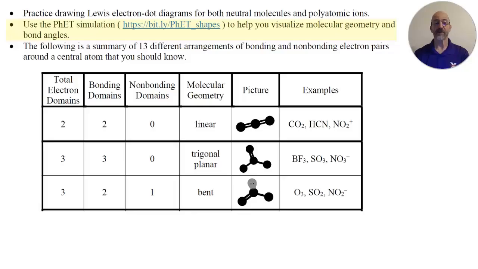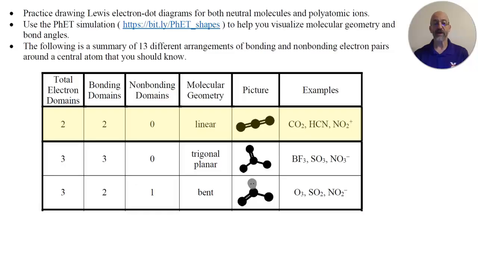The following table is a summary of 13 different arrangements of bonding and non-bonding electron pairs around a central atom that you should know. Starting with the smallest number of domains, 2 bonding domains and 0 non-bonding domains around the central atom gives linear, and there are a few examples of linear molecules or polyatomic ions.